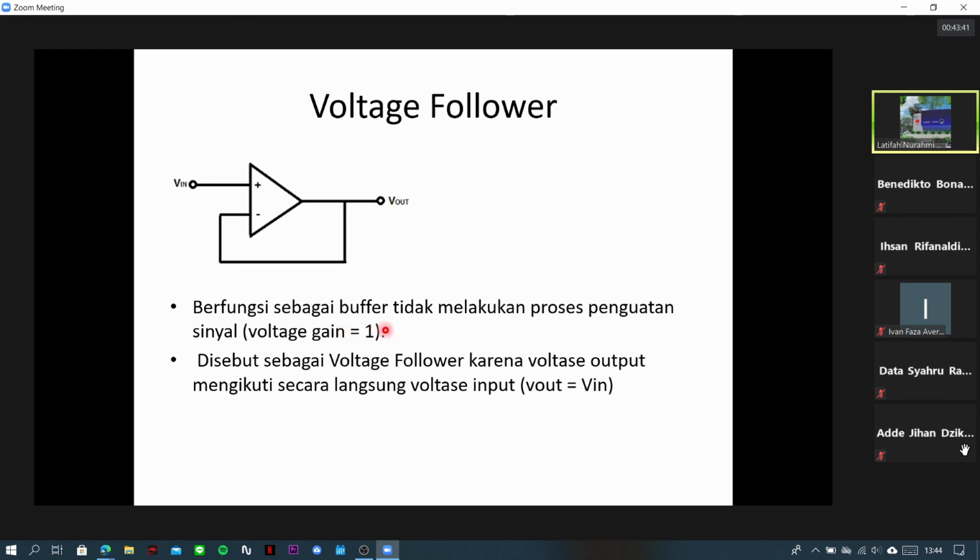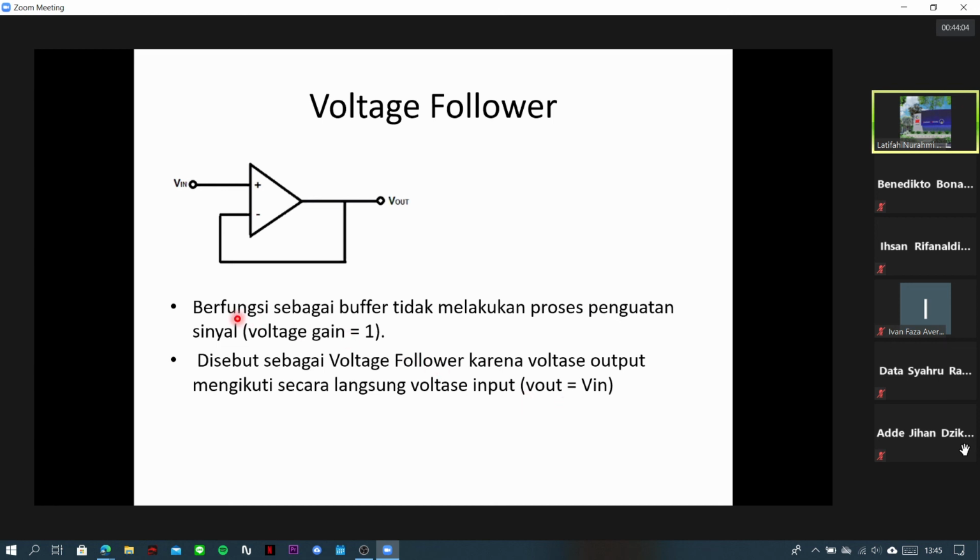As the name voltage follower suggests, it follows the voltage. So if the V in is, let's say, 10 volts, then the V out is also 10 volts. That's why we call it a voltage follower.